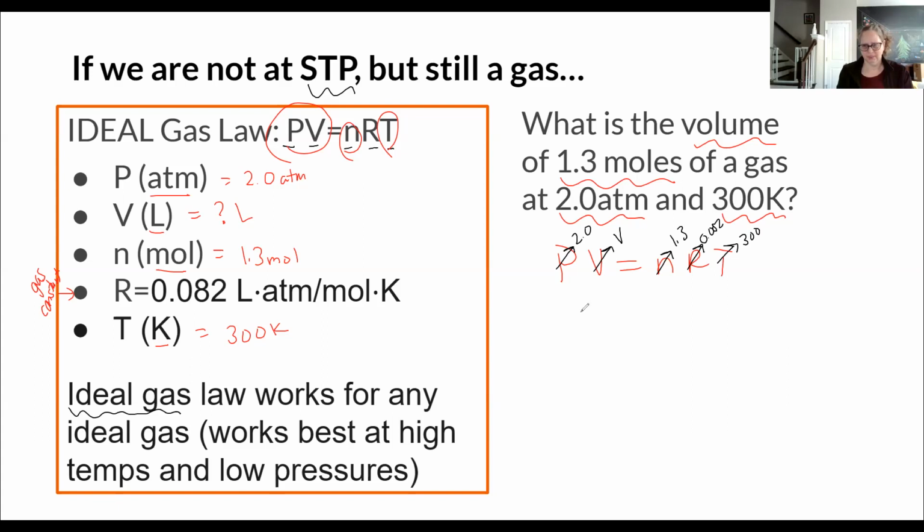And instead of temperature, I'm going to put 300. 2 times V is what's on the left. 1.3 times 0.082 times 300 is what's on the right. 2V on the left, combined terms on the right, 1.3 times 0.082 times 300 gives me 31.98. Do not round at this point, only round after you get the whole problem solved.